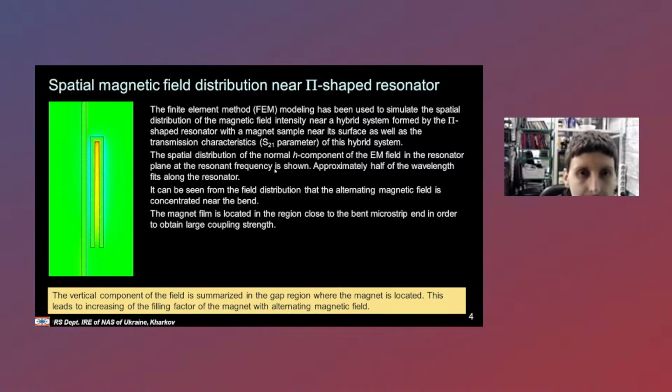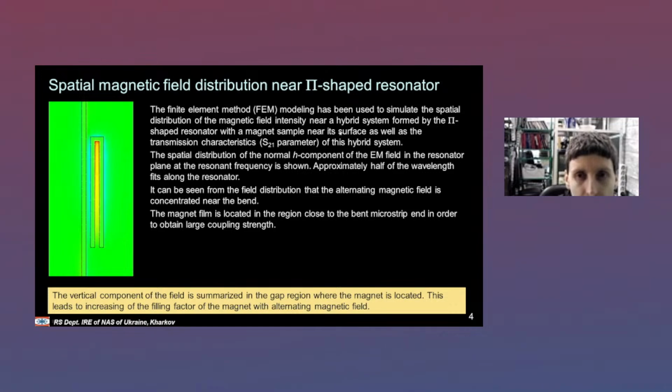To calculate the spatial distribution of magnetic field intensity near the resonator surface, we use the finite element method. In this work, we obtain only numerical results.